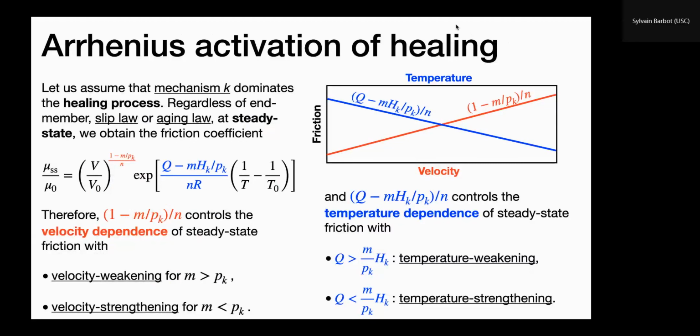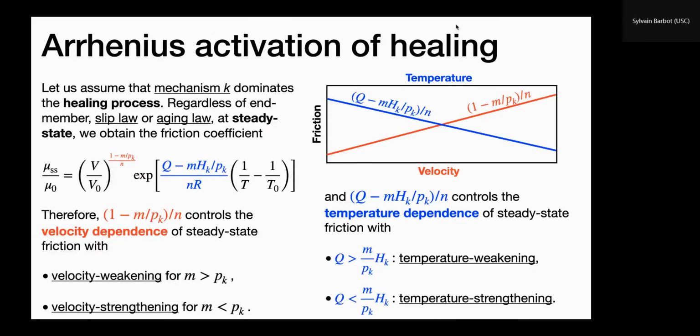So this is controlled by a combination of parameters, particularly the power exponent P for the velocity dependence, and the difference of activation energy and enthalpy for the temperature dependence.